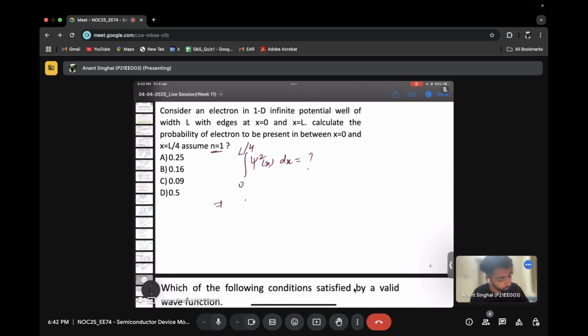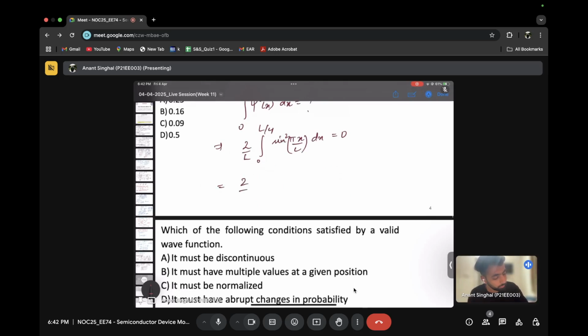So it will be 2 by L, that is the square, and sine squared of n pi x by L, with the limit from 0 to L by 4, right? We'll again apply the same identity, sine squared equals 1 by 2 times (1 minus cos 2 pi x by L).